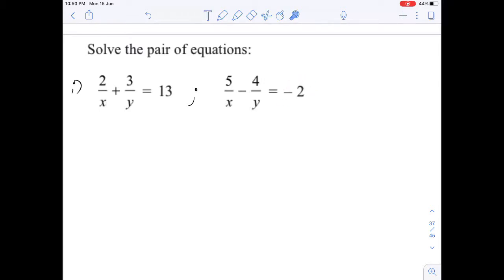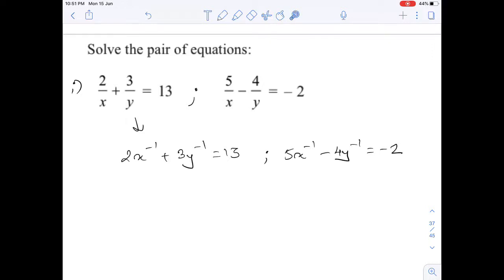Now if you look at both equations, it can be seen that two variables are present, but they are present in the denominator. We don't want these variables in the denominator, so if we bring these variables to the numerator, this becomes 2x raised to minus 1 plus 3y raised to minus 1 equals 13, and the second equation becomes 5x raised to minus 1 minus 4y raised to minus 1 equals minus 2.